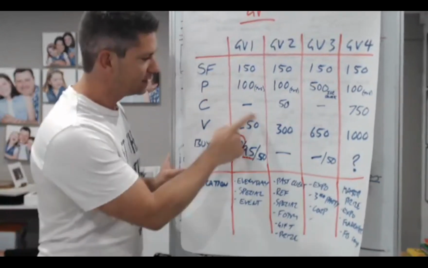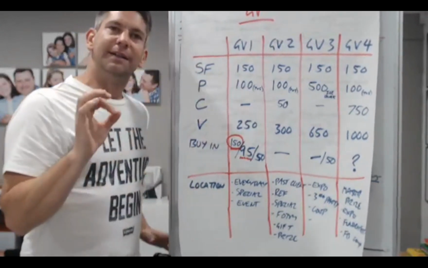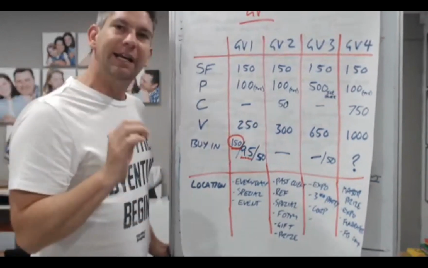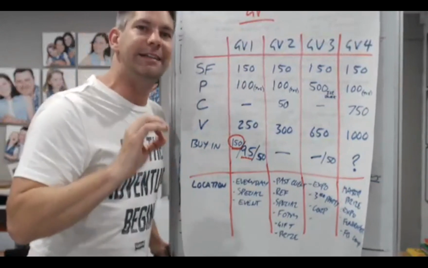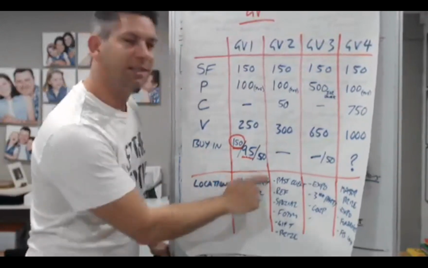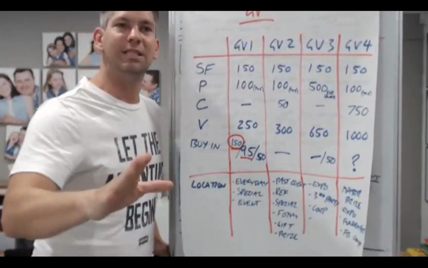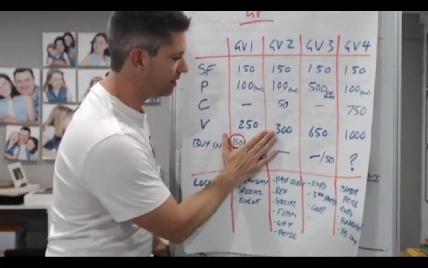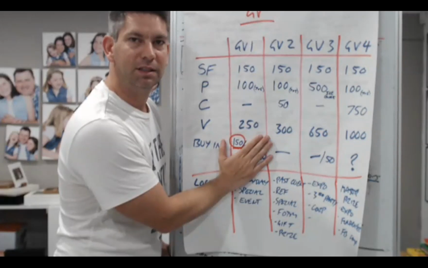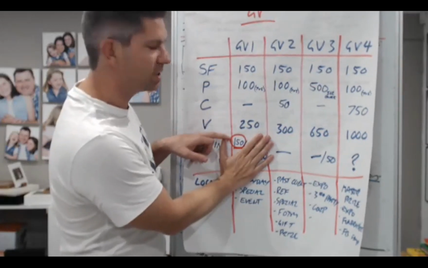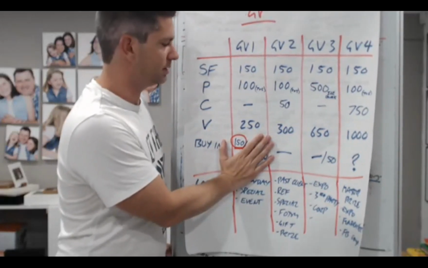All right. Now, that's the value. This is gift voucher number 1, our everyday gift voucher. It's on the website every single day, but it's on the website for $150. All right. So the value is $250 and it's on the website for $150.